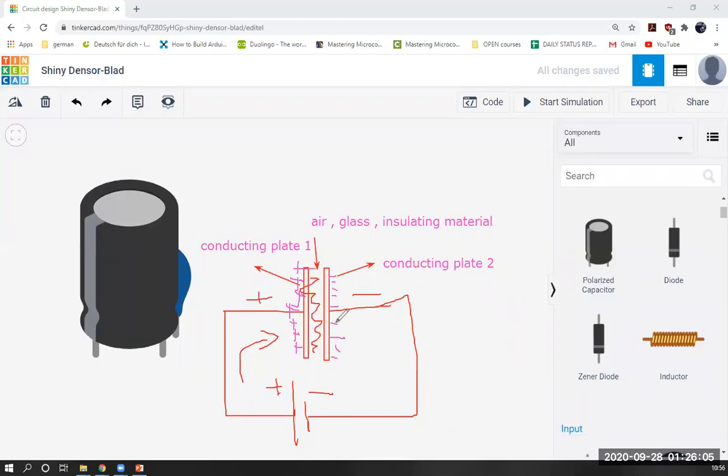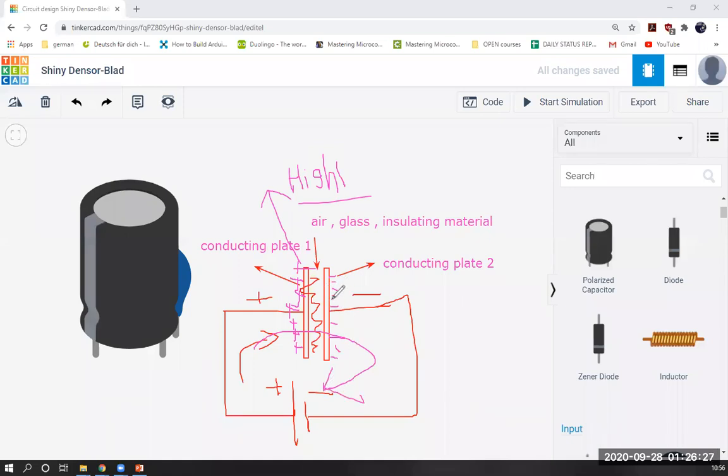Then at some time what happens? This voltage becomes very high, so that it can pass through the air. Then it passes through the air and current goes through it. This is very simple.